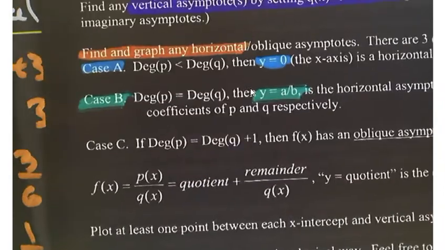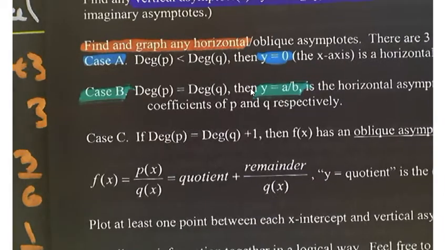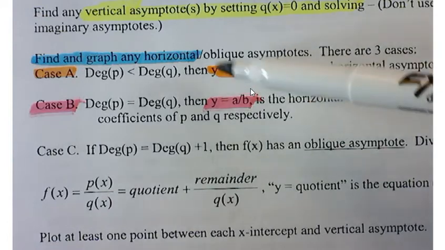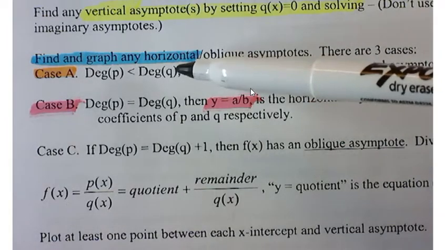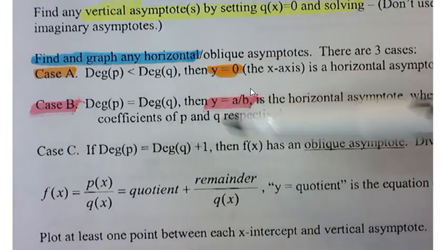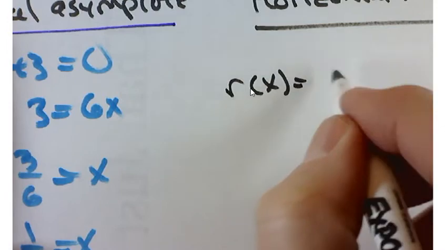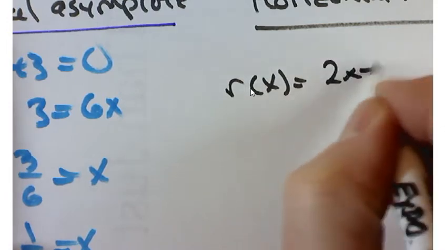It was case A and case B. So for case A and case B, case A was the degree of the numerator is less than the degree of the denominator. Case B is that they're equal. Which is it, case A or case B, for problem number 44 here?